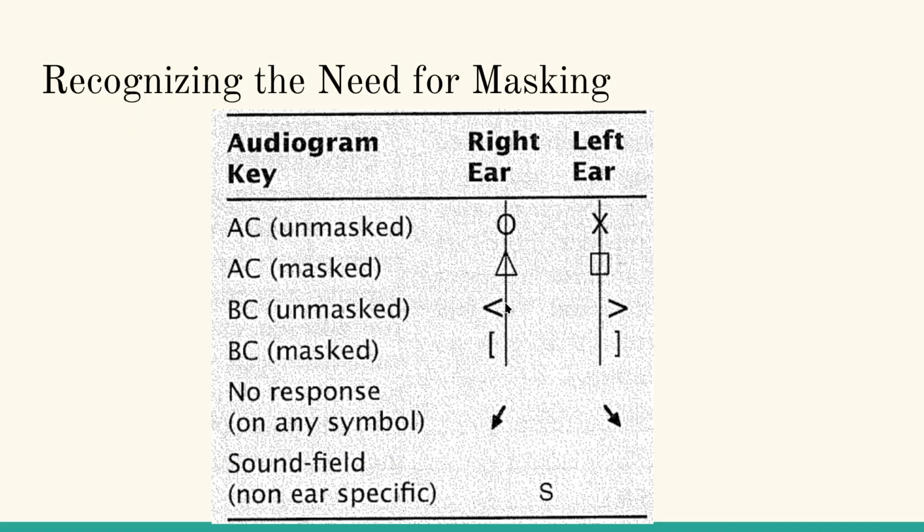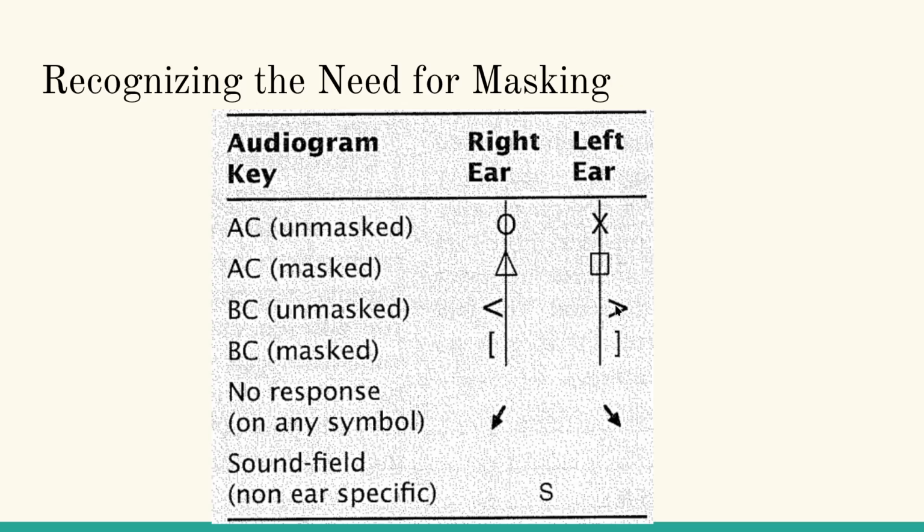Bone conduction unmasked is this less than symbol for the right ear and the greater than symbol for the left ear. And then the brackets for bone conduction masked, the left bracket for the right ear, the right bracket for the left ear. Again, for bone conduction, imagine that you're looking at the patient with the headphones on. Their right ear has the right headphone on the left side.